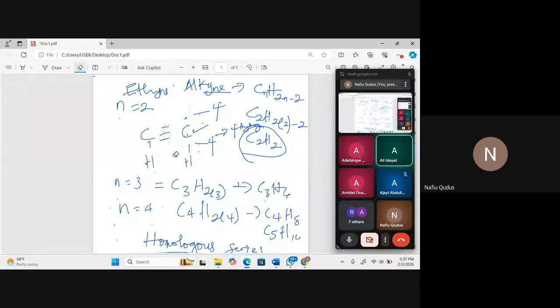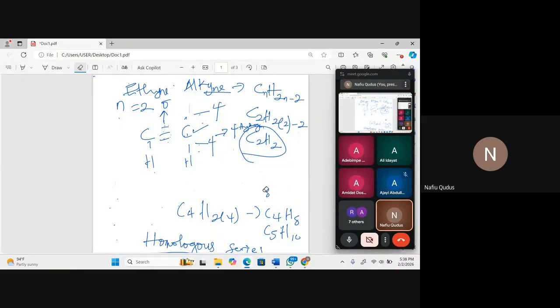Now in this case, we have 1 sigma bond and 2 pi bonds. Is that clear? Okay, let's go to the third member, when n equals 3.